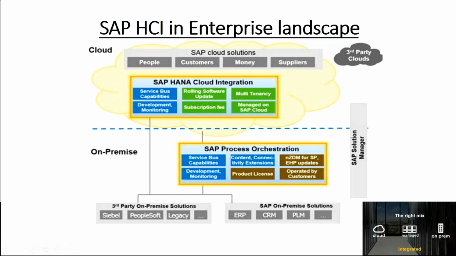There are so many third-party clouds in the market. So HCI can connect to your on-premises system and your cloud system at the same time. It is the same case in PO, process orchestration, also. Process orchestration can also do the same tasks which are available in HCI, but the installation and all those things are to be taken care of by SAP. That is the biggest problem with HCI, with PM. Okay.